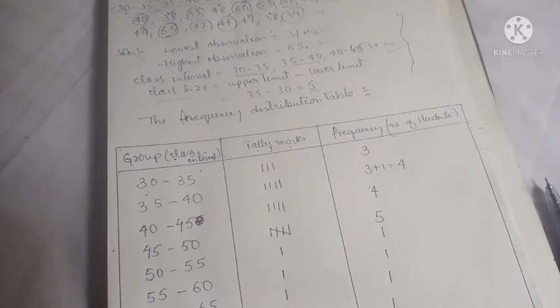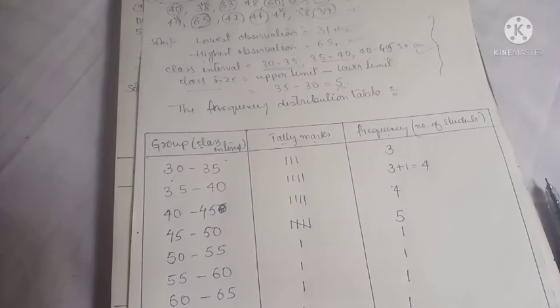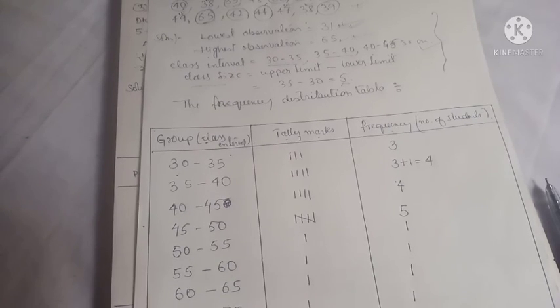These are the two examples we have to understand to prepare group frequency tables using class intervals. Why are we using the class interval? If the data are very large, we cannot put all the data in the table, so we have to group them into class intervals. That is why we are using the class interval.